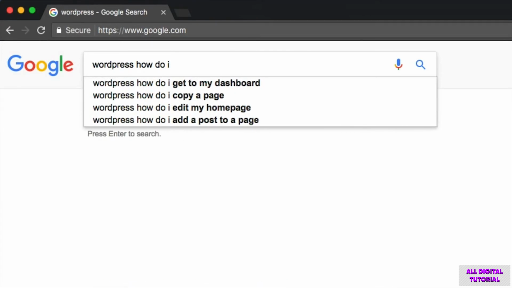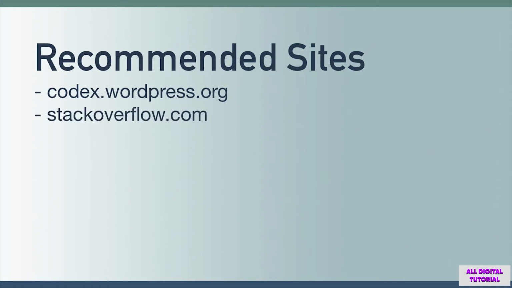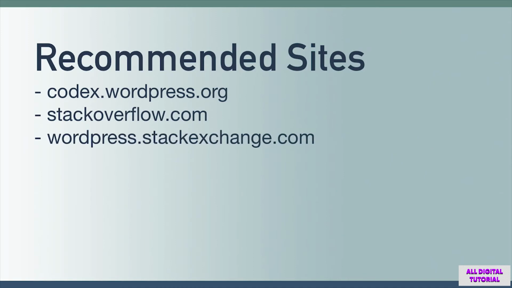Now I know Googling and clicking on random search results can be stressful because you don't know which websites are safe to visit. So here's a list of my favorite websites. If you see any of these domains in your Google search results, I'd recommend clicking on them right away. Codex.wordpress.org. This is the official WordPress documentation website. Stack Overflow. WordPress.stackexchange.com.